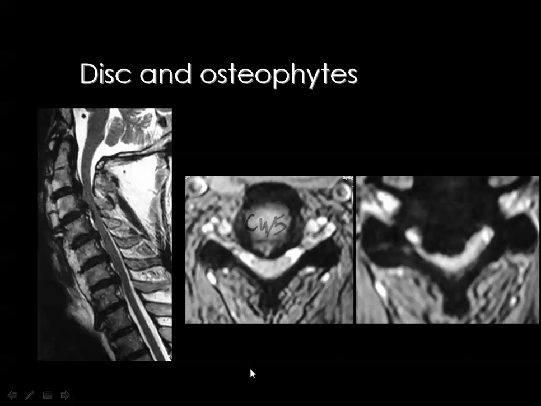In the past, they called this disc a hard disc because of the presence of bone in association with the disc inside the spinal canal. And if the disc is not associated with osteophytes, they used to call it a soft disc.